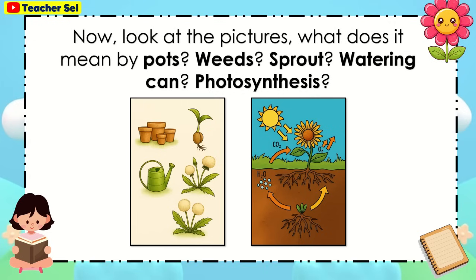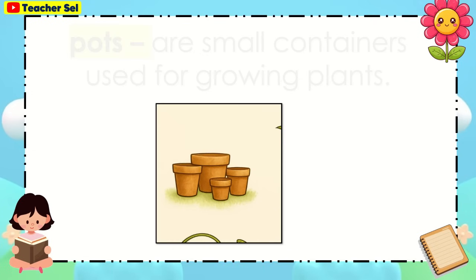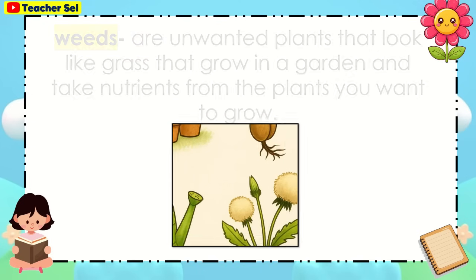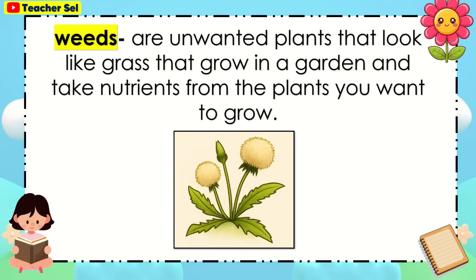Now, look at the pictures. What does it mean by pots, weeds, sprout, watering can, or photosynthesis? Pots are small containers used for growing plants. Weeds are unwanted plants that look like grass that grow in a garden and take nutrients from the plants you want to grow.